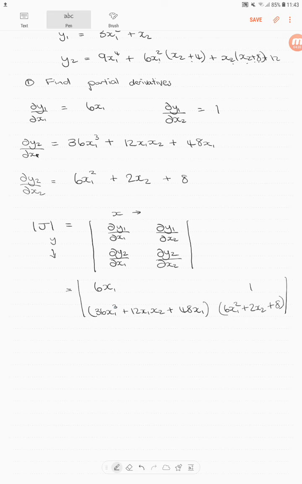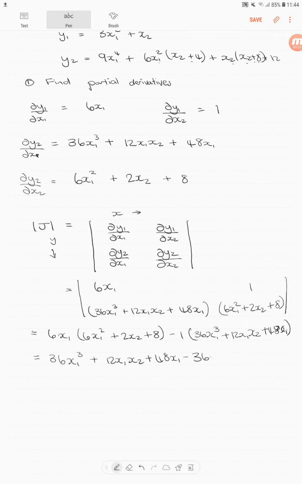How do we find the determinant? 6x1 times 6x1 squared plus 2x2 plus 8 minus 1 times 36x1 cubed plus 12x1 x2 plus 48x1. 6x1 times x1 is 36x1 cubed plus 12x1 x2 plus 48x1 minus 36x1 cubed minus 12x1 x2 minus 48x1.